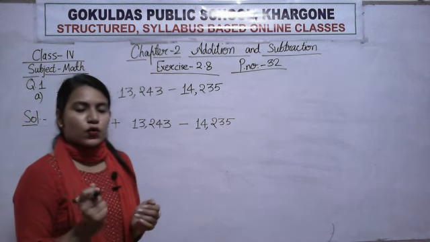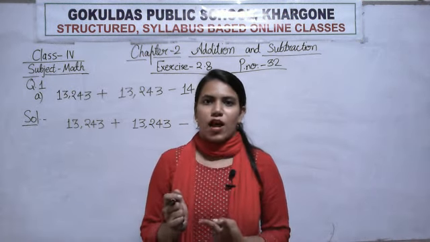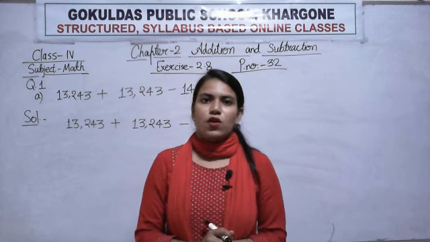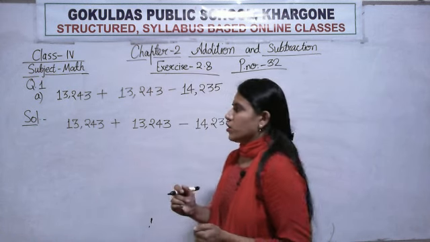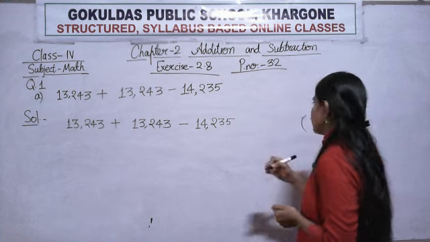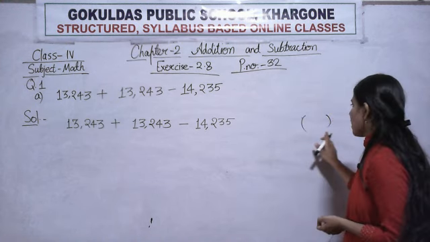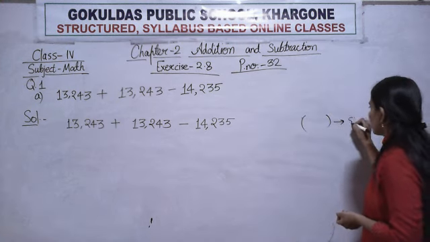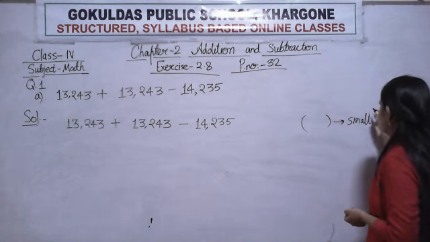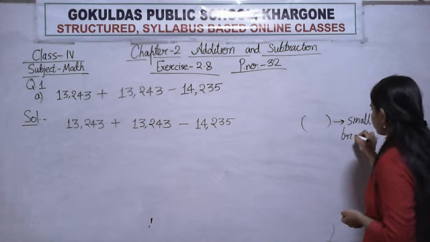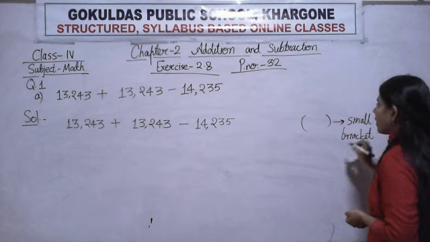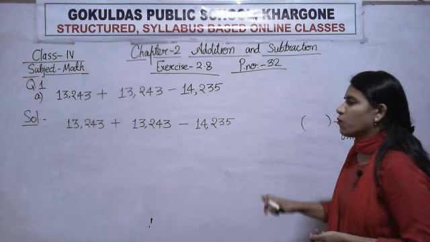Now make the group of two numbers. And when you make the group, use the brackets. These are the parentheses, or you can call it a small bracket.